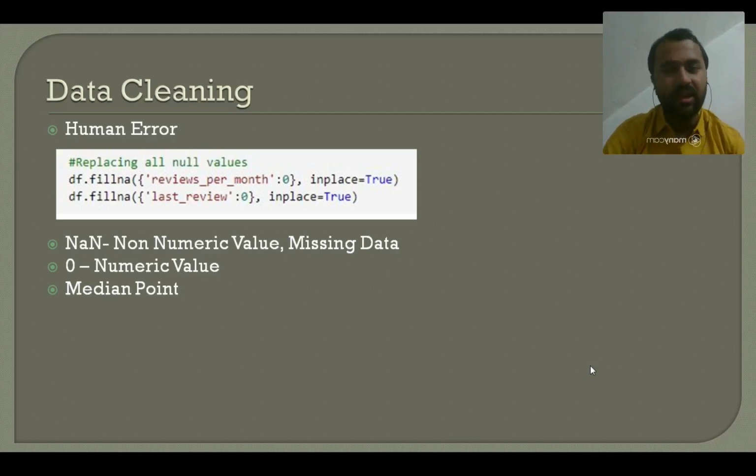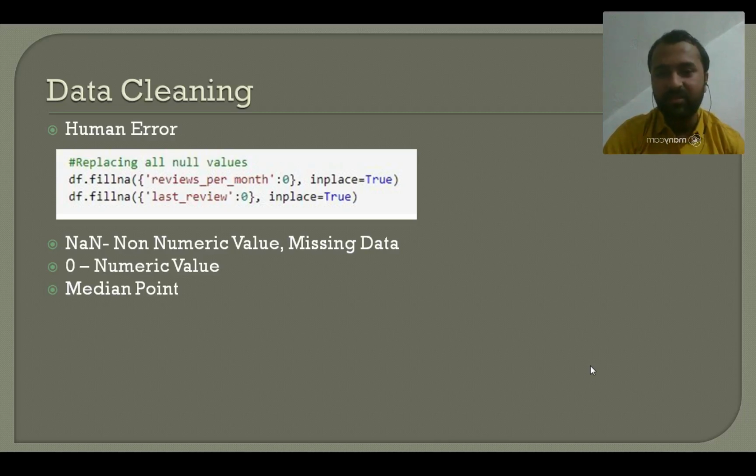NaN does not make sense, because when we are doing an arithmetic operation, zero makes sense since zero is an integer, but NaN is a non-numeric value. So we cannot do any operation if any NaN value is present. So for analysis, visualization, and arithmetic operations, I have to replace all the NaN values with zero. So I did some coding here. You can see here, replacing all the null values with zero.